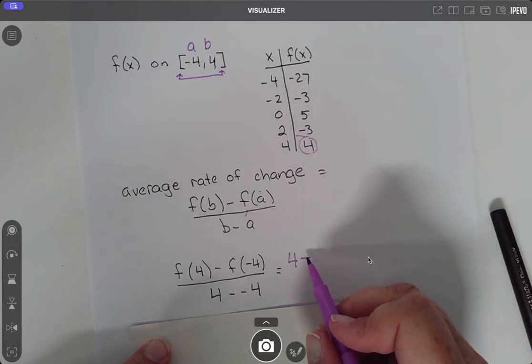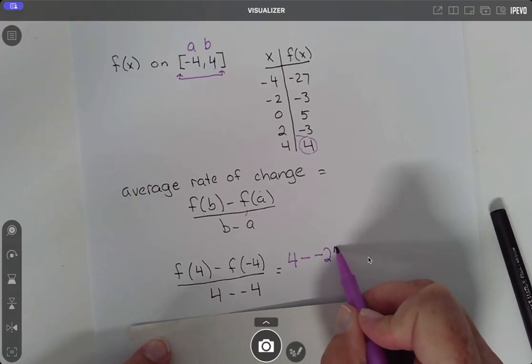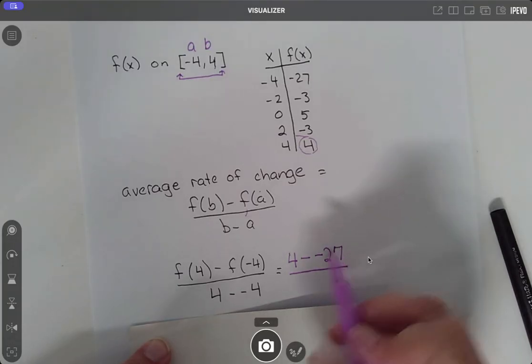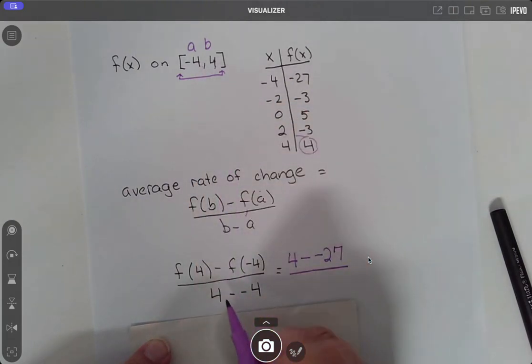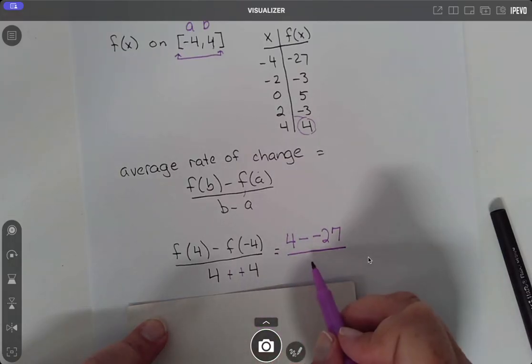So it'll be 4 minus negative 27. And then on the bottom, I have 4 minus negative 4. That was b minus a. And 4 plus negative 4, or 4 plus 4 becomes 8.